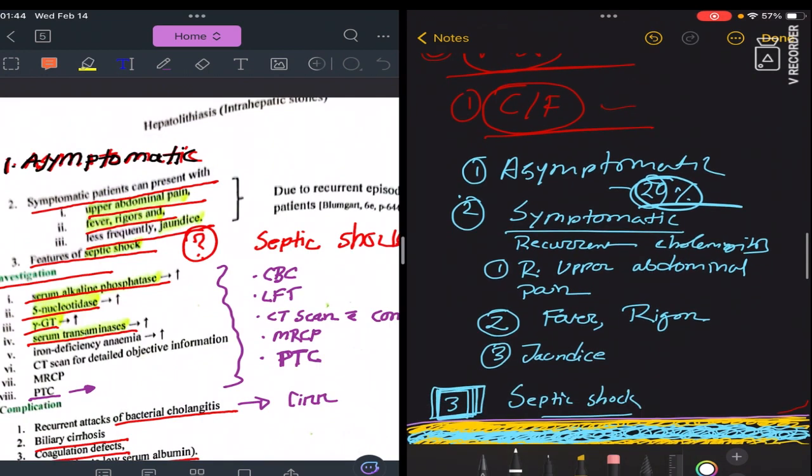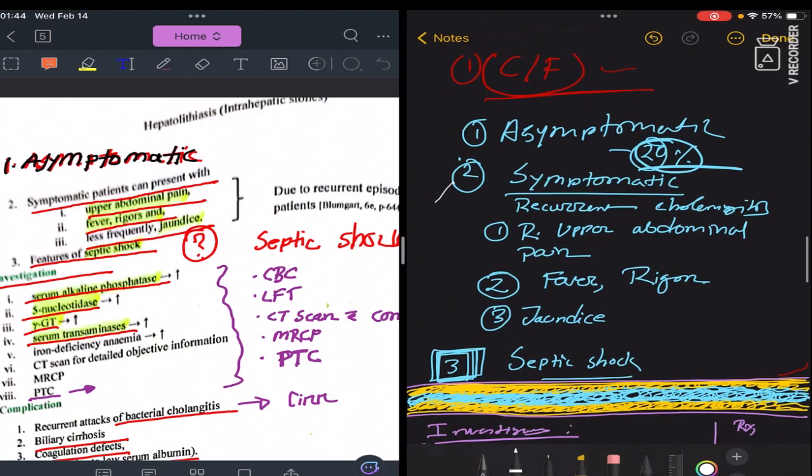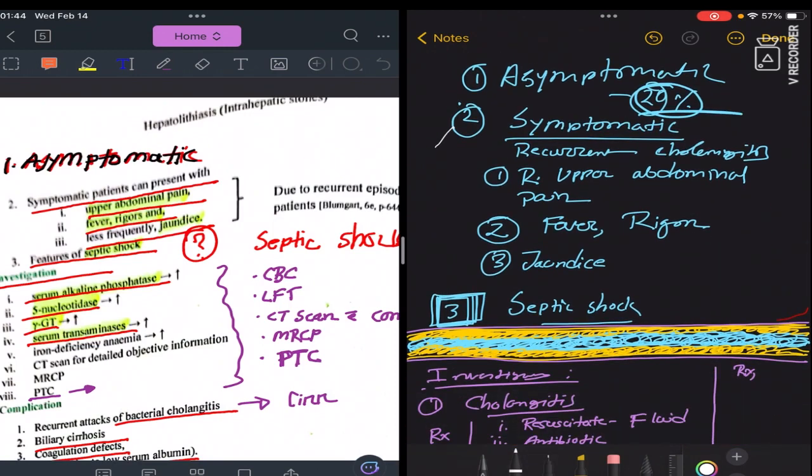Cholangitis means recurrent upper abdominal pain, fever, and less frequently jaundice. And some symptomatic patients also have features of septic shock.